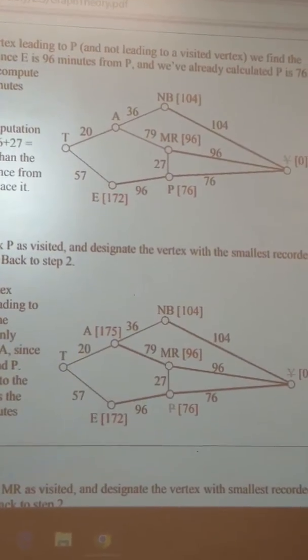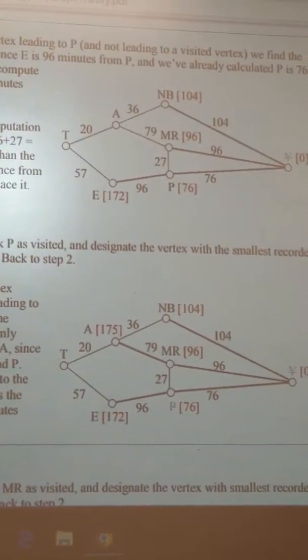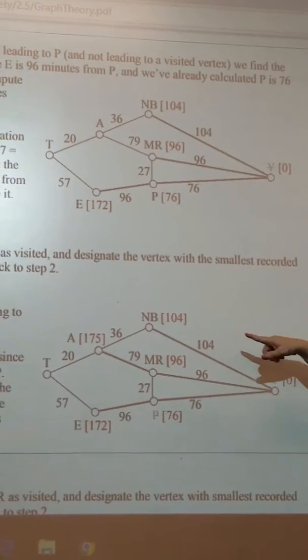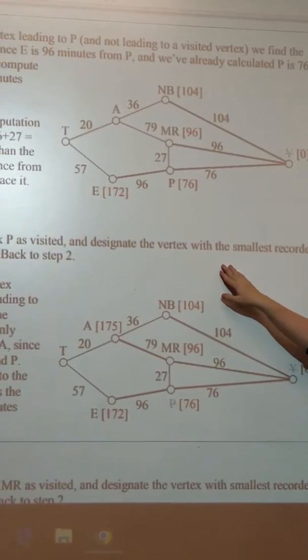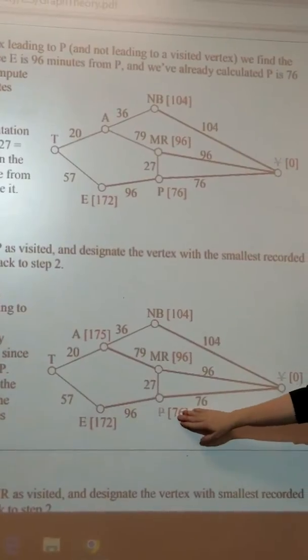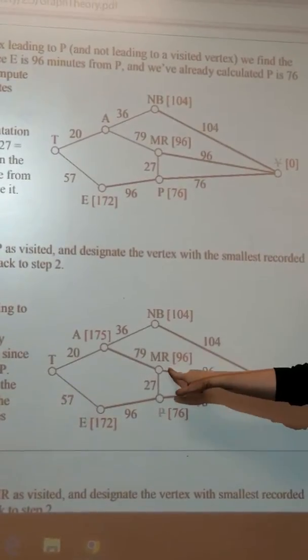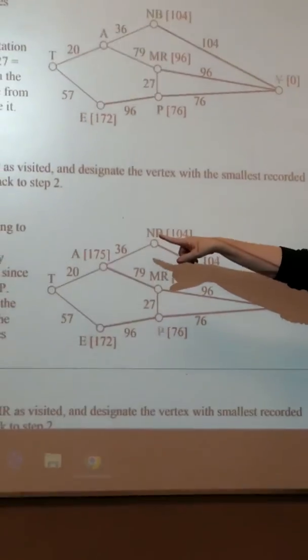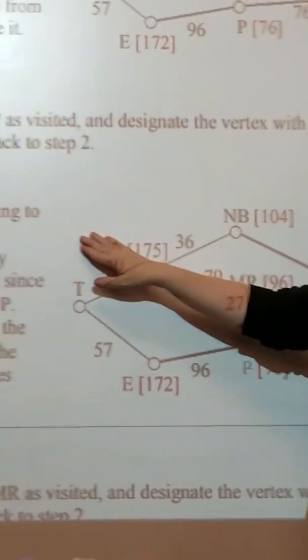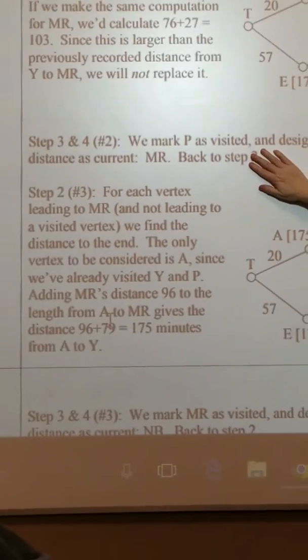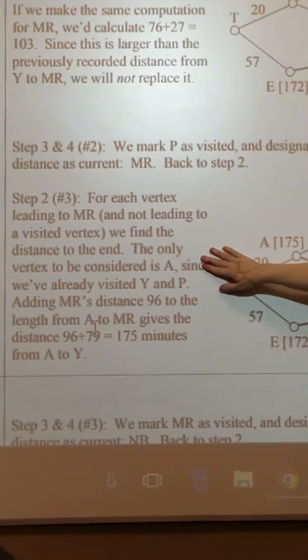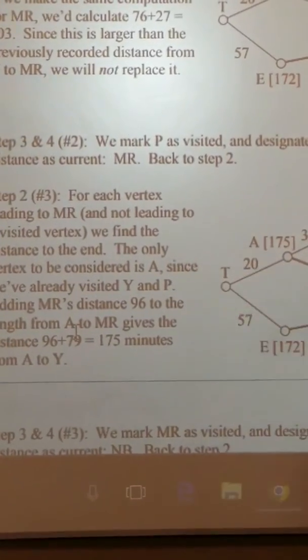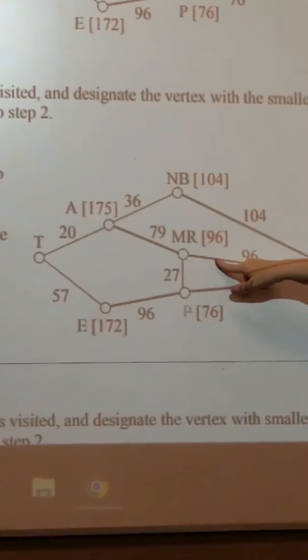It does. So now Mount Rainier is our current one. Packwood's visited, Yakima's visited, we're at Mount Rainier right now, okay? For each vertex leading to MR, and so this is step 2, number 3. This was step 2, number 2, then we did step 3 and 4. Now we're at step number 2, number 3. We're looping back again with this one current.